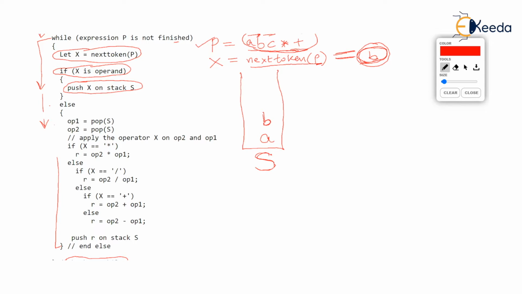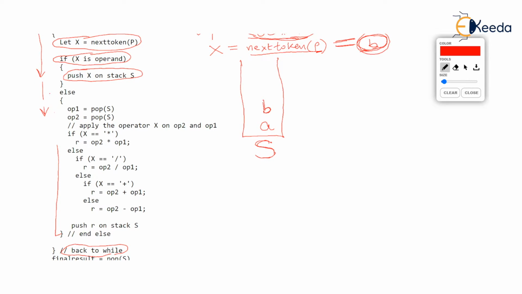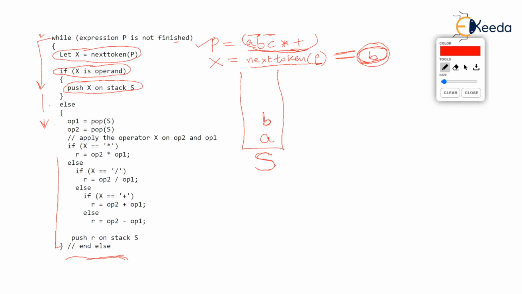And else is again dropped. And if else is dropped, we will go back to while. As else is dropped, we will be back in the while, isn't it? So let's go back to while. In the while loop, we check again, is expression P not finished?